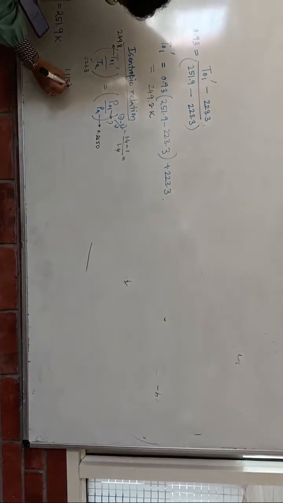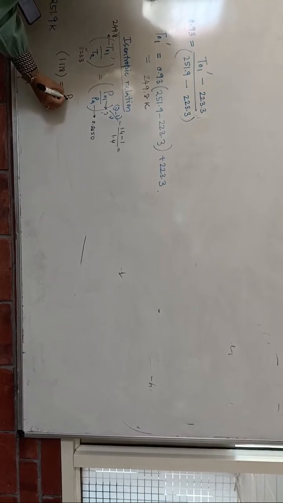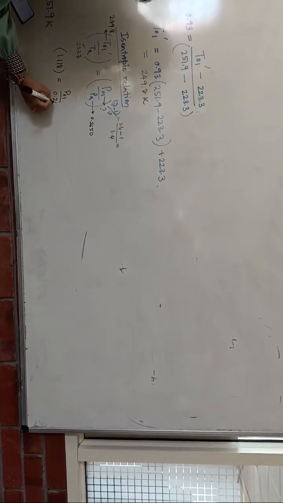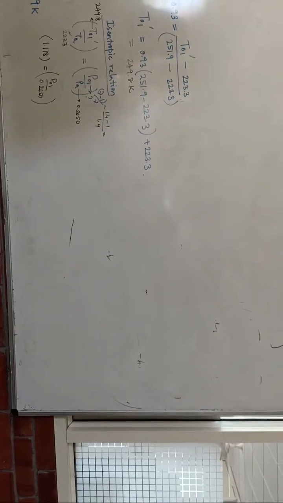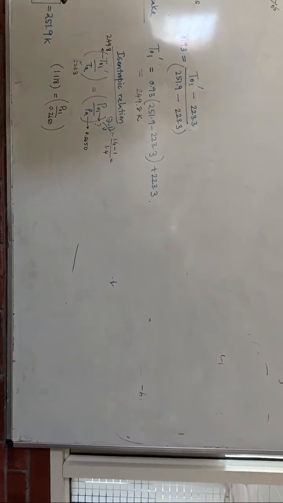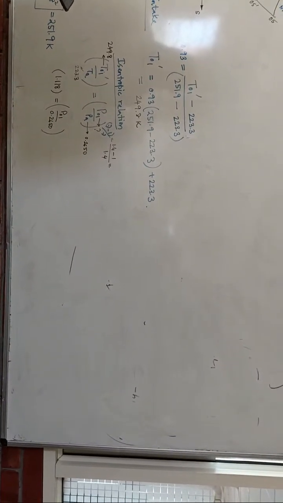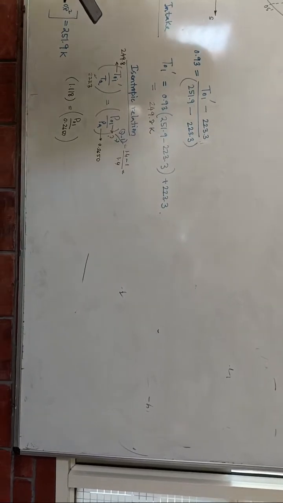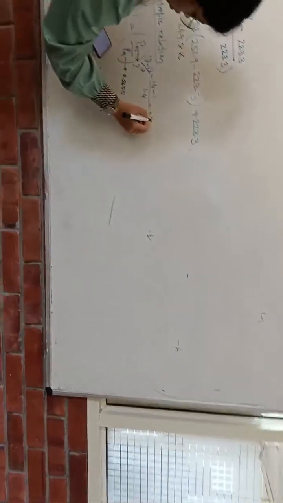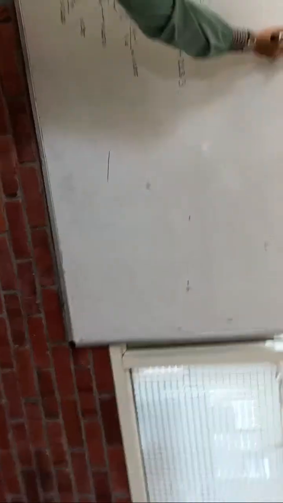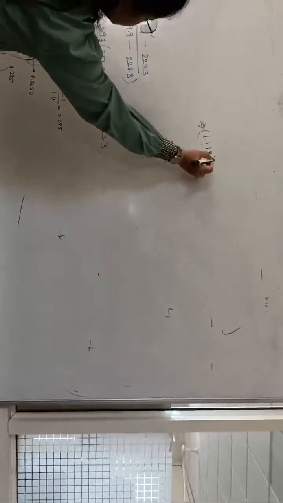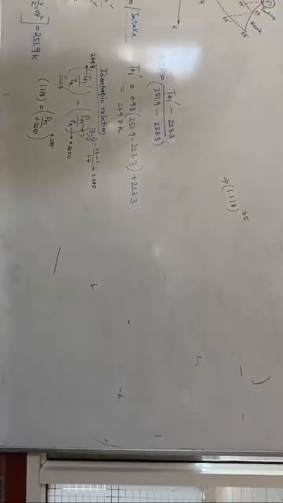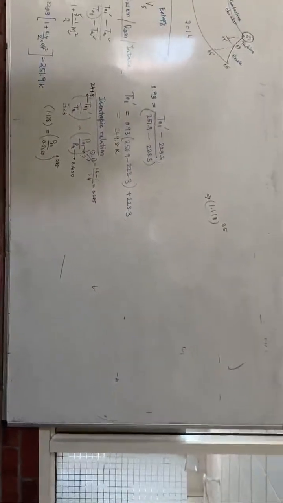I am getting 1.118. And on this side, P01 by PA is 0.2650, but here we have a power of (1.4 minus 1) divided by 1.4, which comes to 0.285. This equals 1.118. When I bring it to the other side, I have to take the reciprocal.